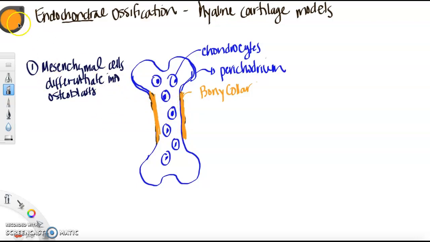Think about what it feels like to have a big collar wrapped around your neck. This bony collar basically cuts off the blood supply. The blood supply that the cartilage is getting from the perichondrium is now cut off.